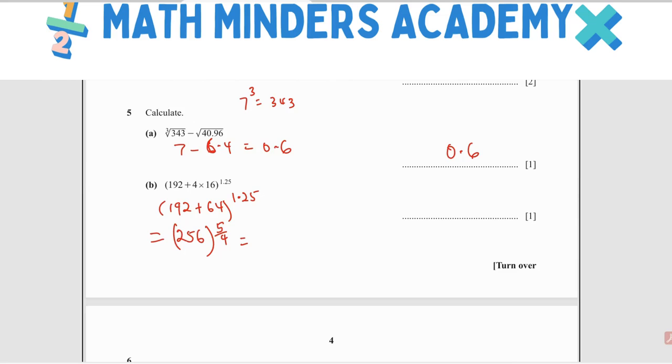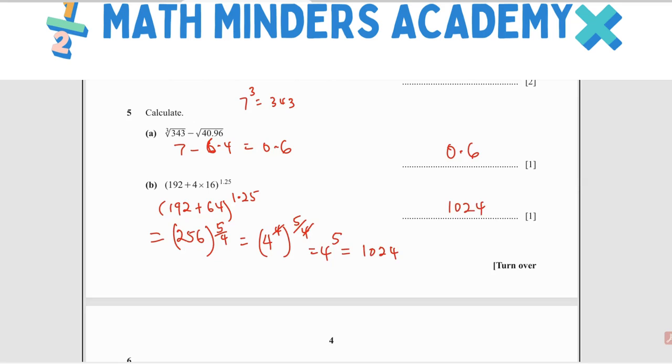So here we can have 4 raised to power 4, or raised to power 5/4. Okay, this we cancel out. We have 4 raised to power 5. Okay, that is 1024. Use your calculator.